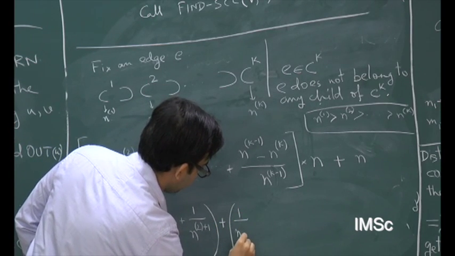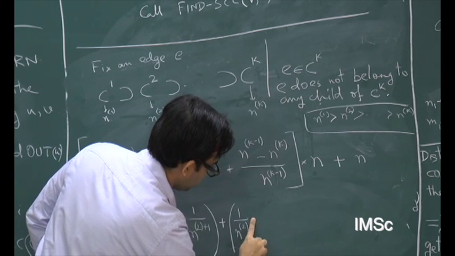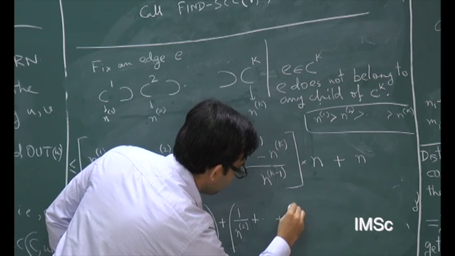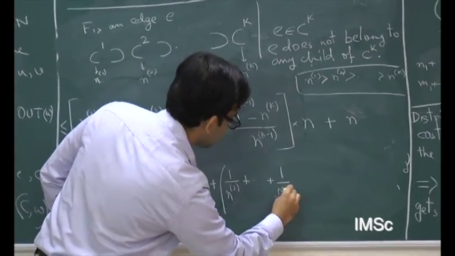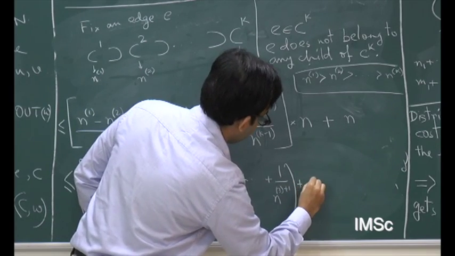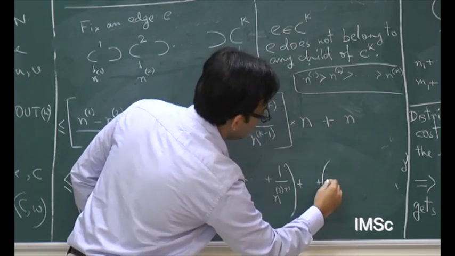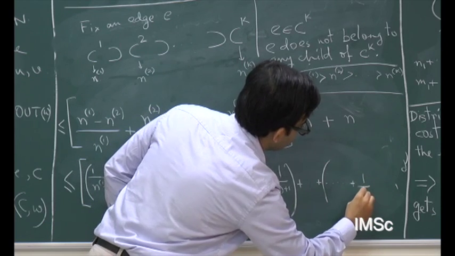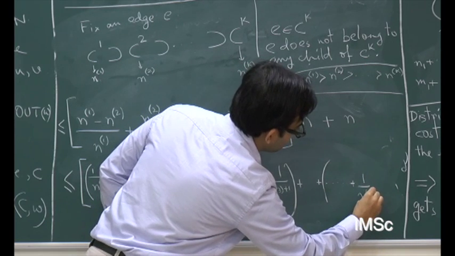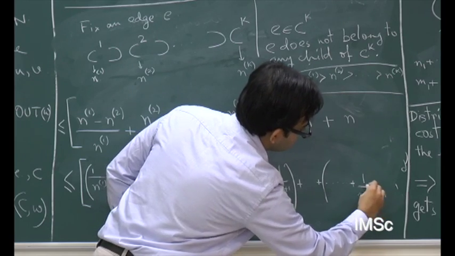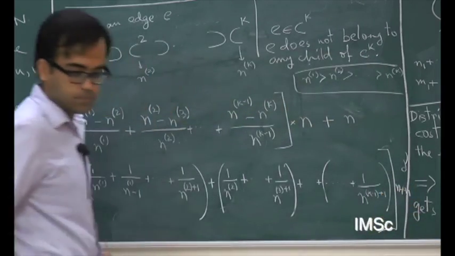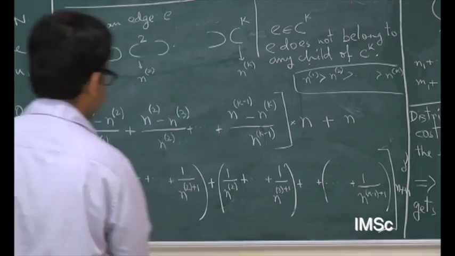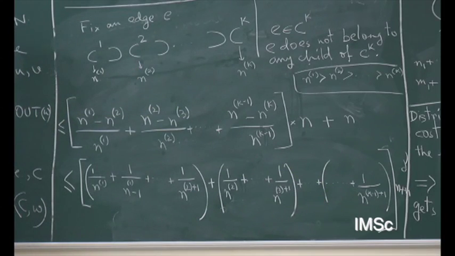You start with 1 over n2 and go till 1 over n3 plus 1, and finally, in the last term you will end at 1 over n_{k-1} plus 1, or something, times n, plus n. And this quantity is at most log of n1.